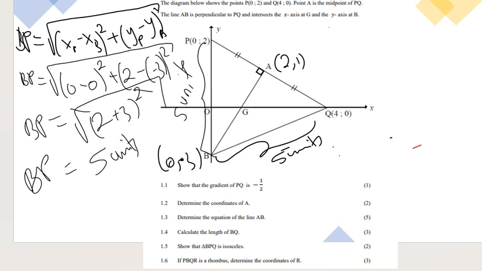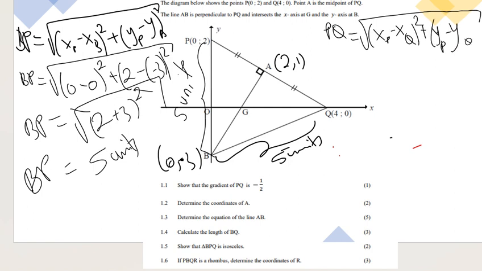So the length of PQ is equal to the square root of xp minus xq squared plus yp minus yq squared. This is my xp.